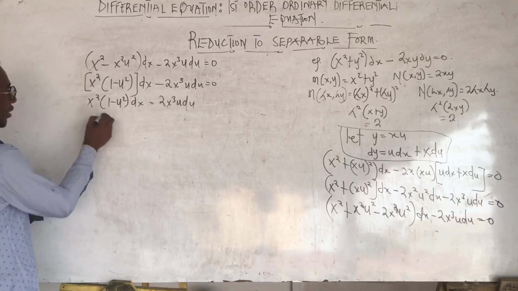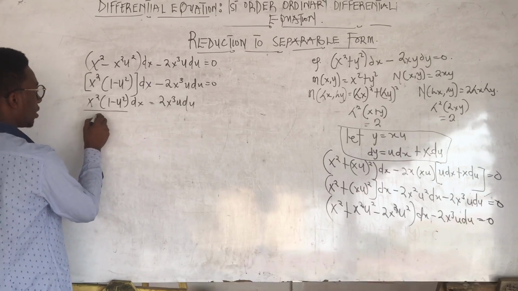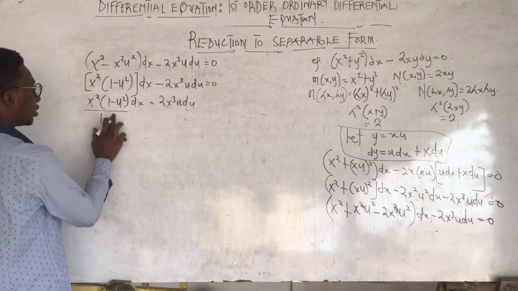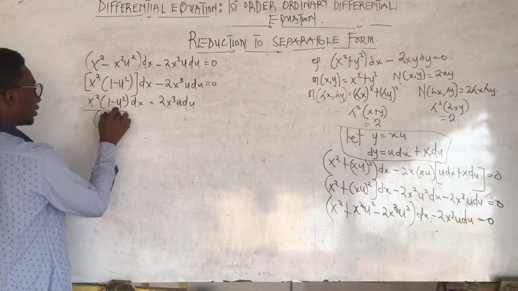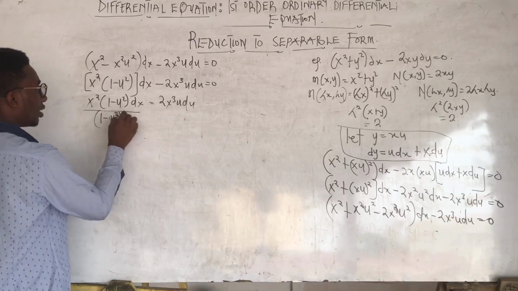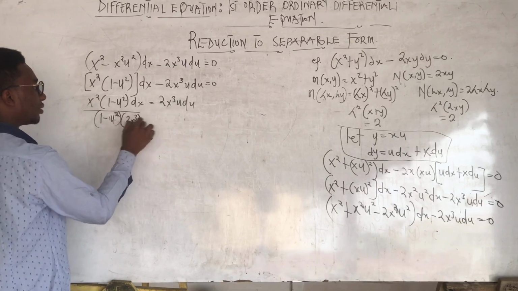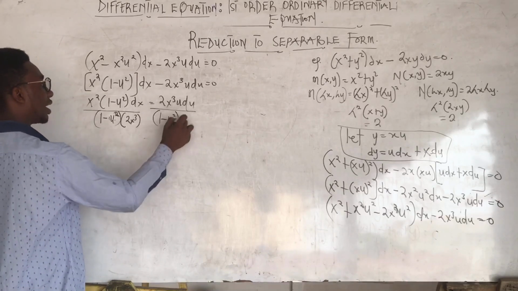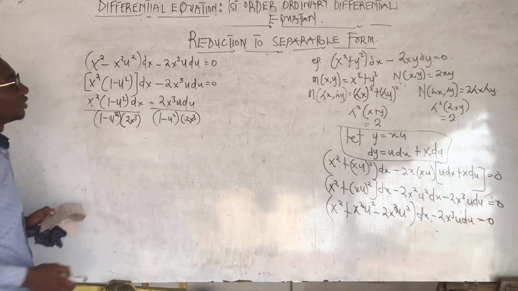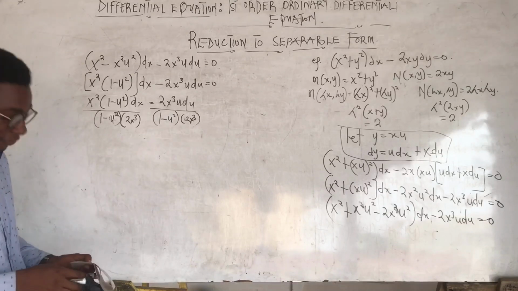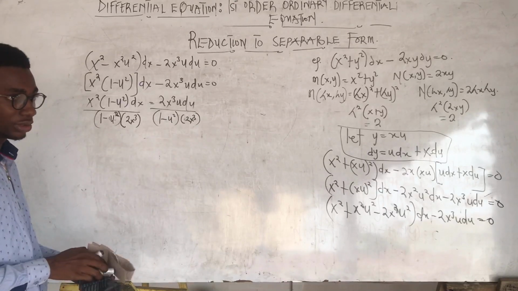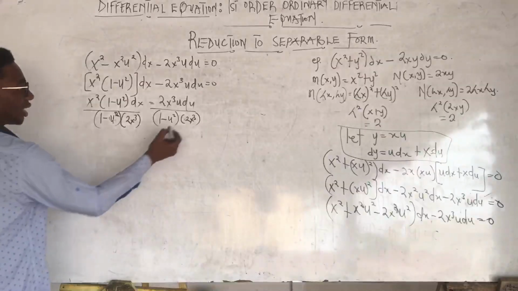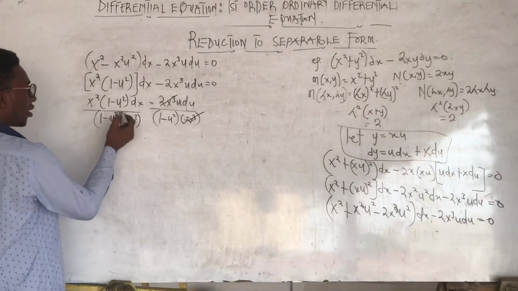Alright, so now we can divide this side by 1 minus u squared, and you can divide by 2x cubed. So you realize that we've now gotten to the separable form again of the equation. So now what do we do here? You can simply cancel this out and you can also take this out.